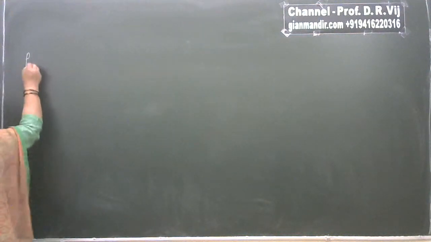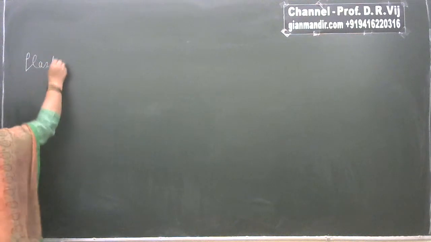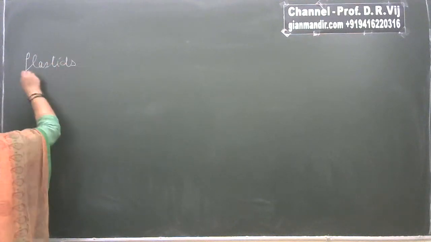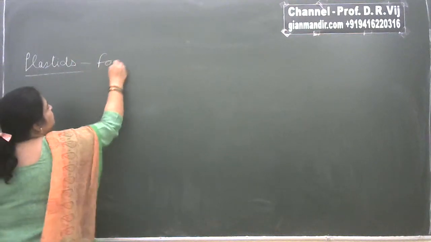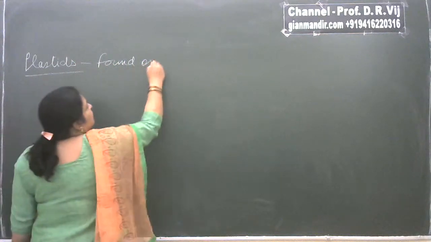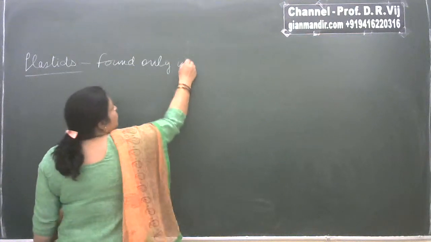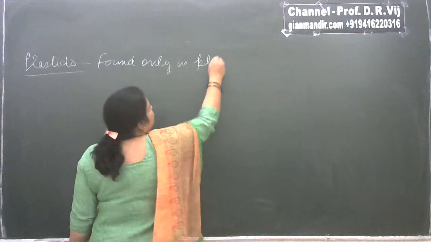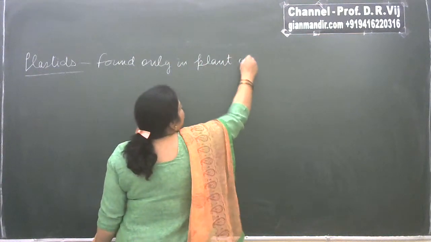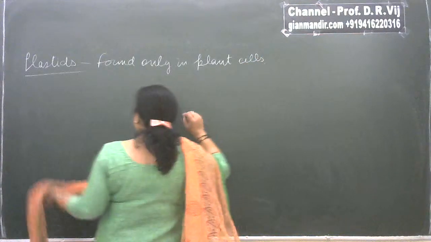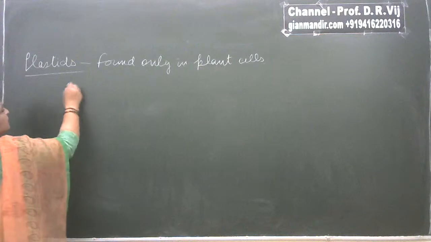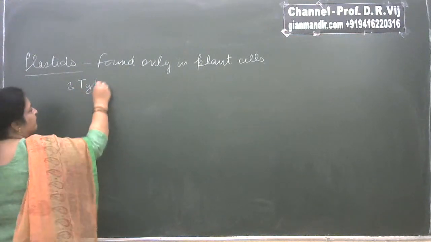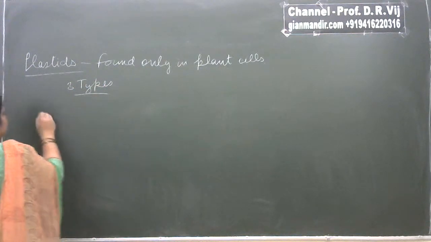These are not found in animal cells. The most important thing about plastids is that they are found only in plant cells, not in animal cells. And if you look at the types of plastids, there are basically three types.